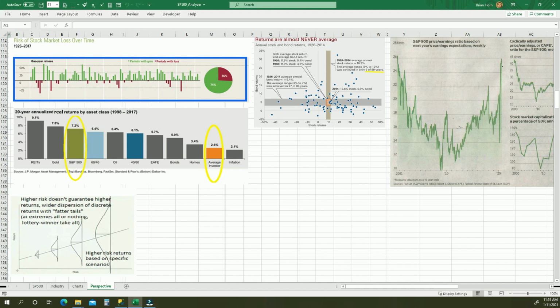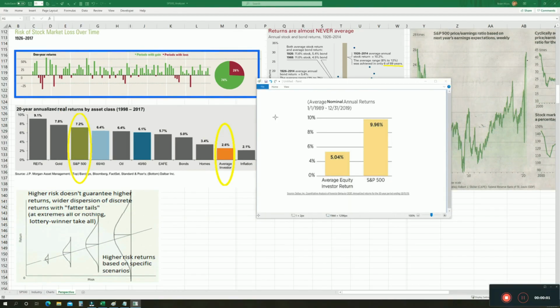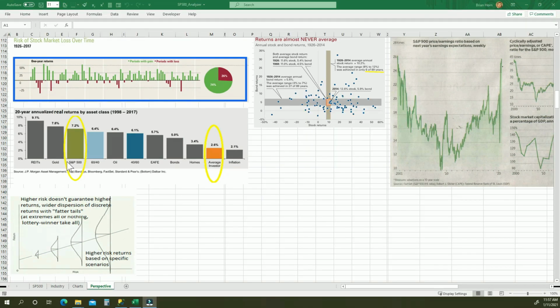As shown, the typical investor makes an average of only 2.6% real return, or with inflation, a nominal return of around 5%. This is half of the 10% nominal return the S&P 500 makes. There are many reasons why the average investor substantially underperforms.